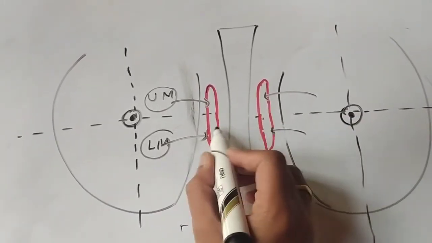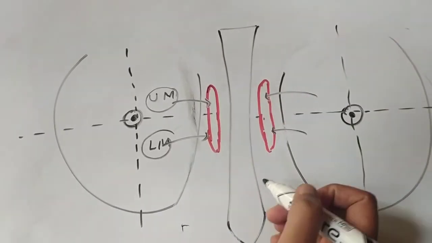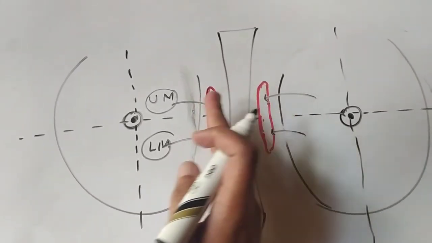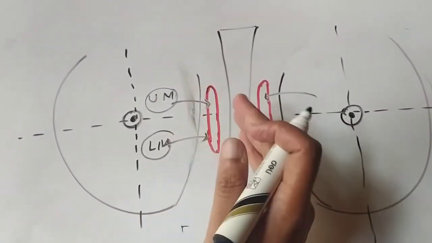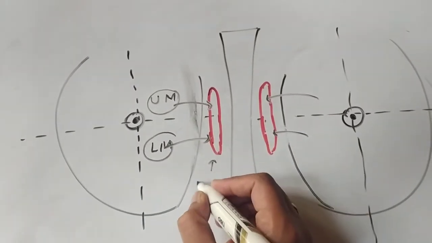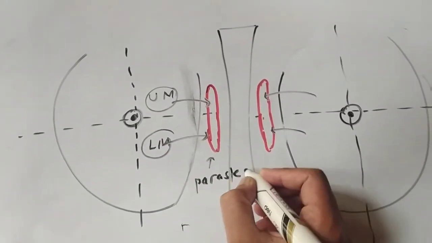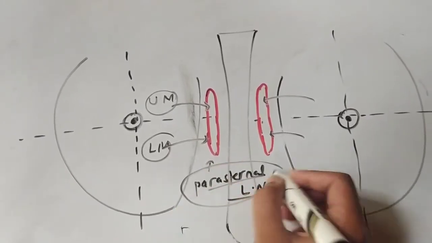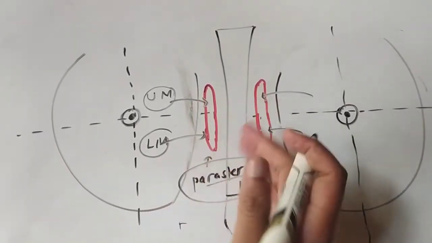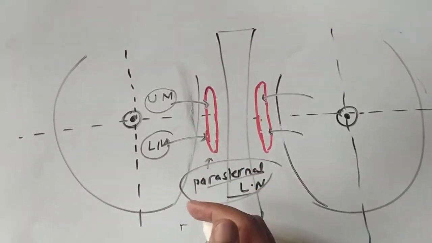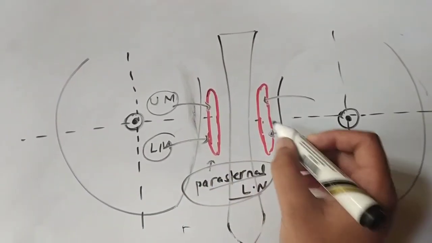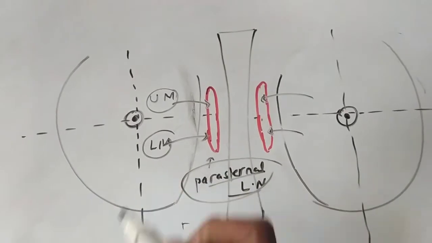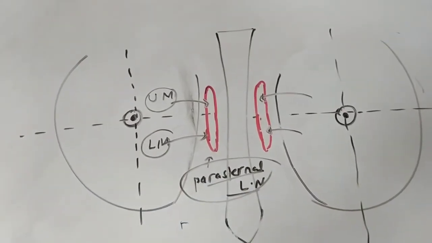So these are the group of lymph nodes that are just behind, or lateral to, the sternum. These are known as parasternal lymph nodes. The parasternal lymph nodes are just lateral, or sideways, to the sternum, and they will ultimately drain the lymph coming from the upper medial and the lower medial quadrant of the breast.